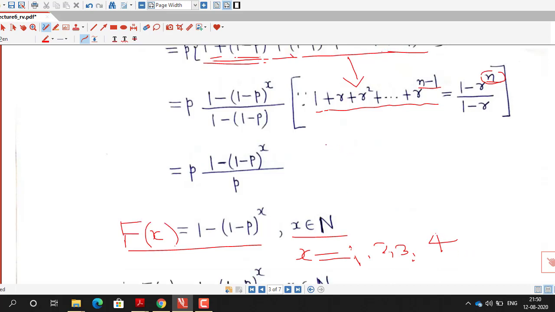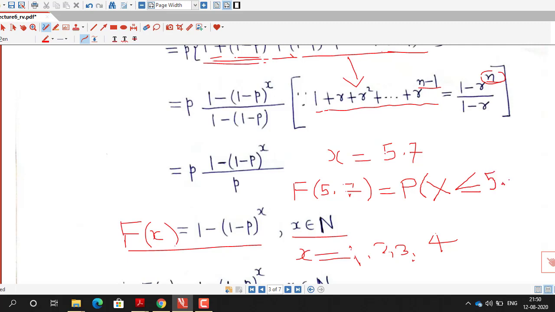Now suppose x is say 5.7. So if x is 5.7, then by definition f of 5.7 is nothing but the probability that X is less than or equal to 5.7, but X is taking only positive integer values.